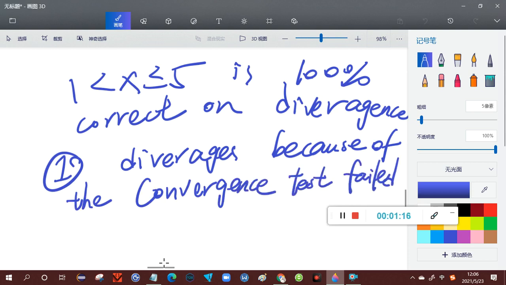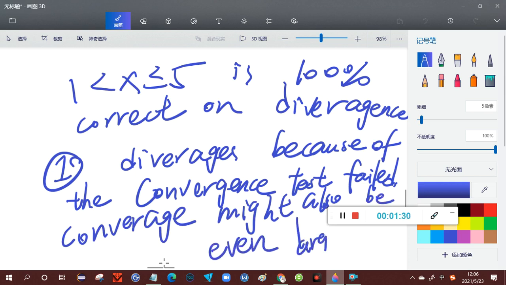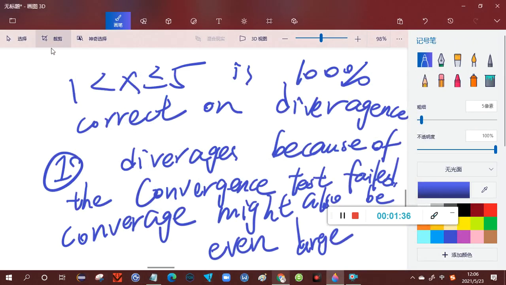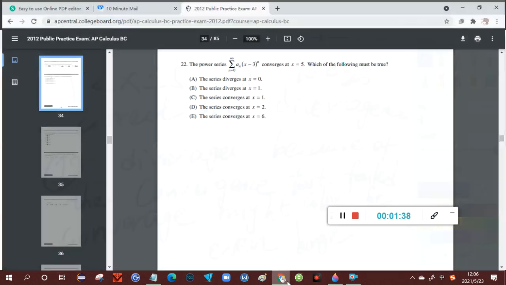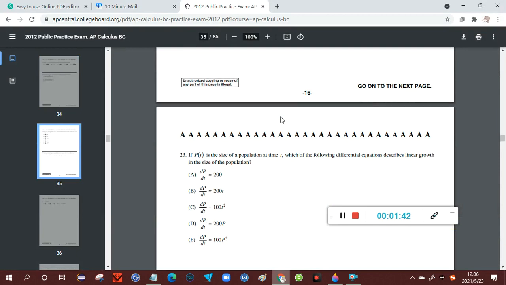There still might be a chance that the convergence radius might be even larger. This is also possible. Therefore, we can only show that this range is 100% divergent. Only x equal to 2 is in this range, so the answer is D.